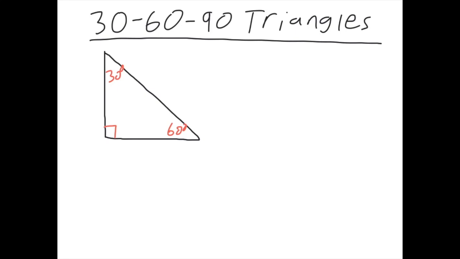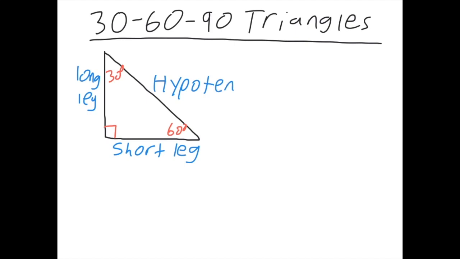We have the short leg, we have the long leg, and we have the hypotenuse. So remember, the 2 legs are the ones that are touching the right angle, and the hypotenuse is the one across from the right angle.